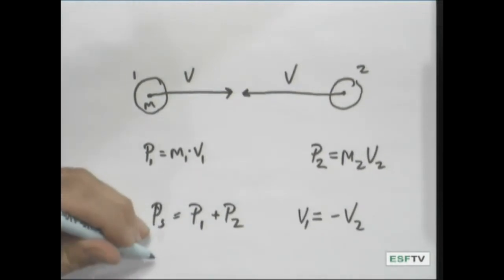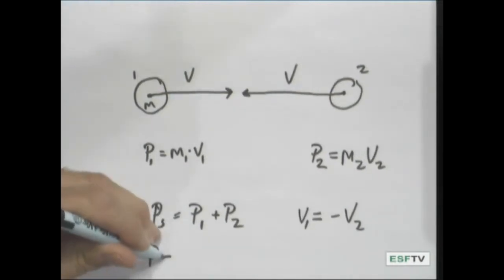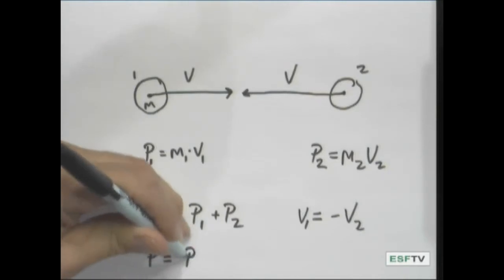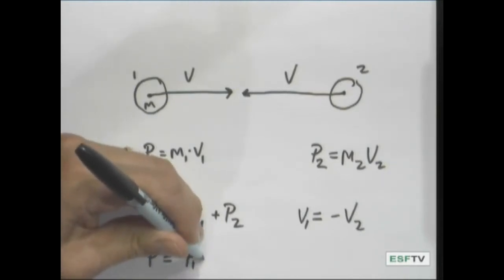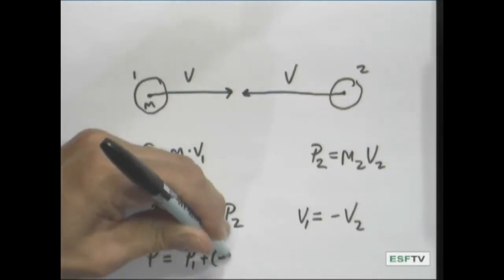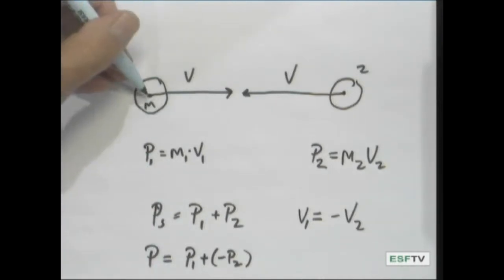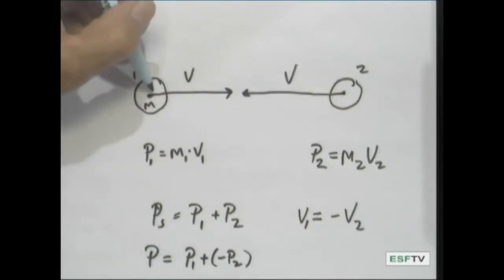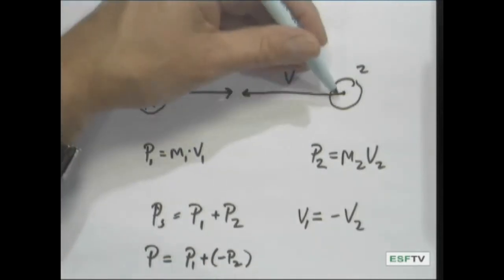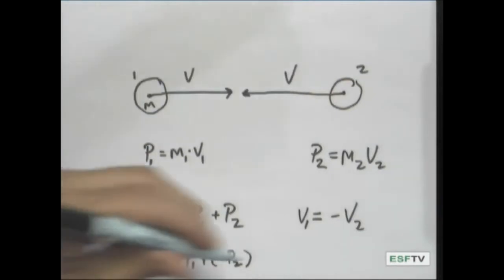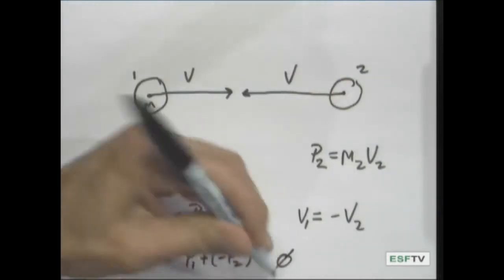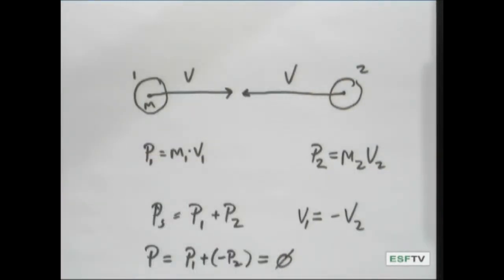And so the momentum of the system is equal to P1 plus minus P2. If the masses are the same, and the speeds are the same but opposite in direction, you have a momentum added to the negative of the same momentum, and the total momentum of this system is 0.